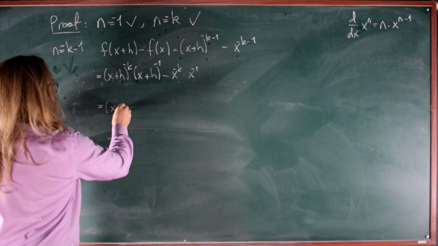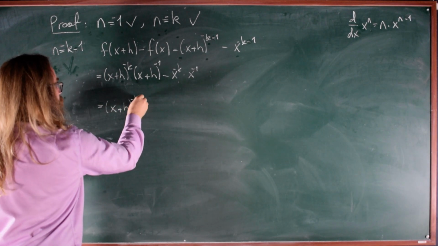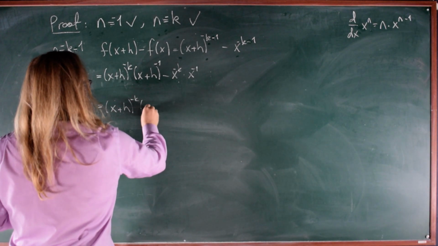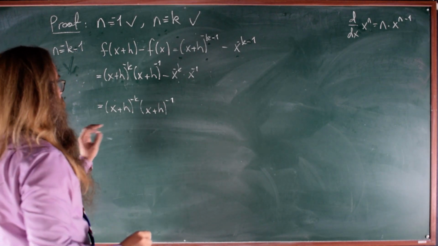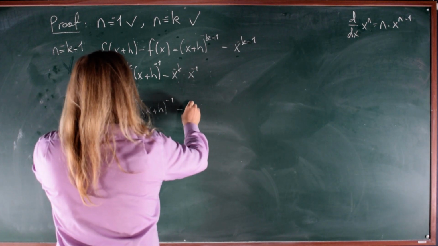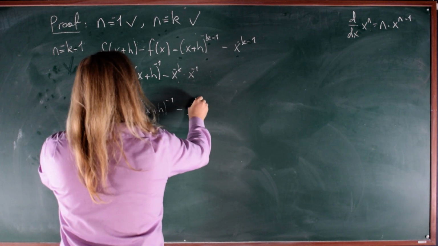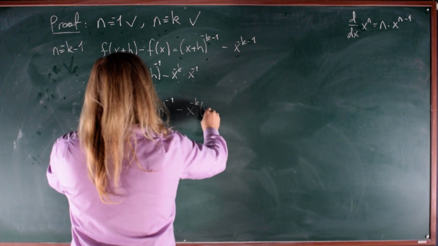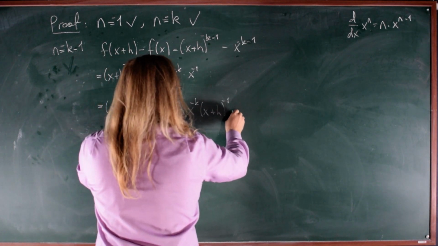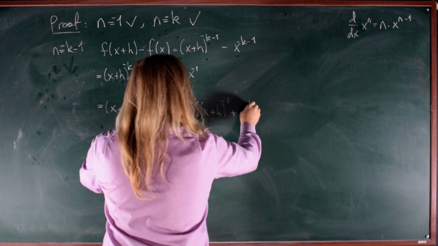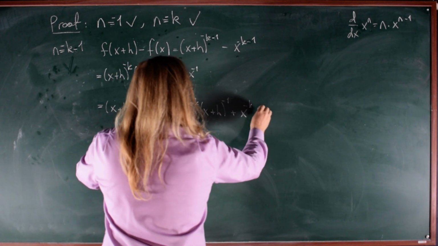All right. So we're going to take this here and do nothing. We're going to have this, and then we're going to add and subtract something. We're going to subtract x to the minus k times this weird thing here, and then we add it. So we haven't actually changed anything. We've just made this superfluous term here.